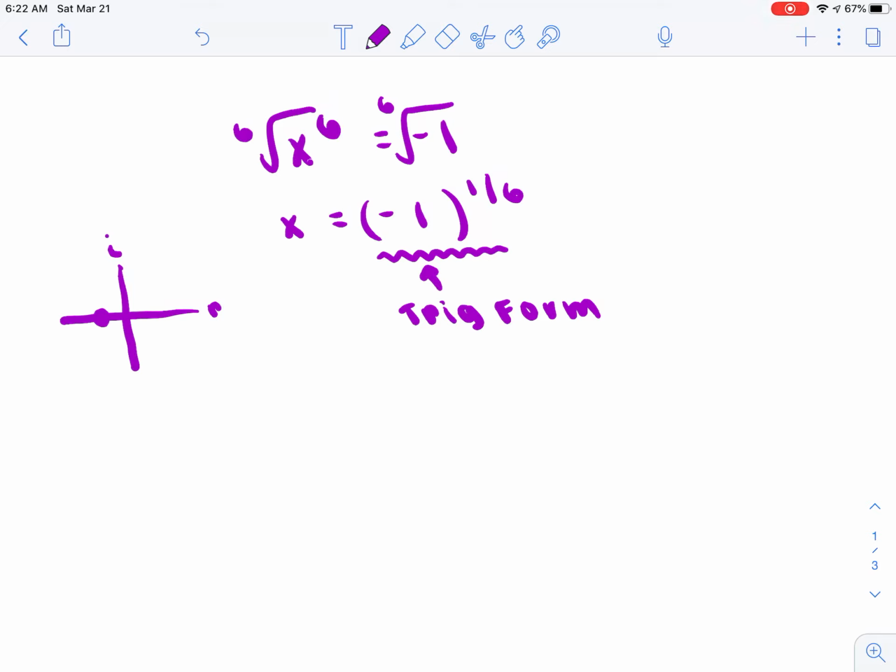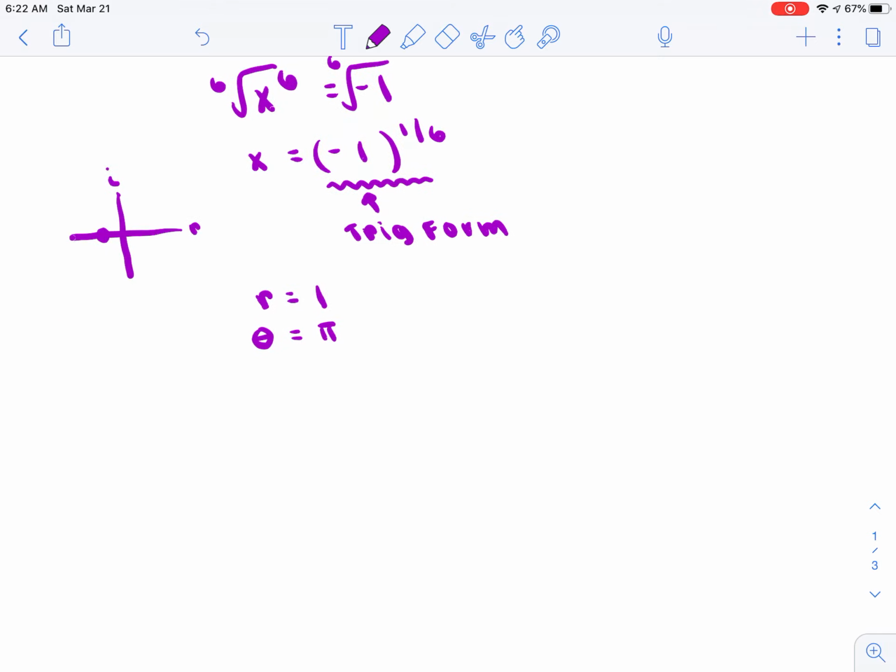Well, to get that in trig form, think about what your r value would be. What is your distance away from the origin? Well, it's just 1. What angle are we at? Well, think about over here, this is what we call pi. So really what we're trying to solve right now is 1 cis pi all raised to the 1/6 power.